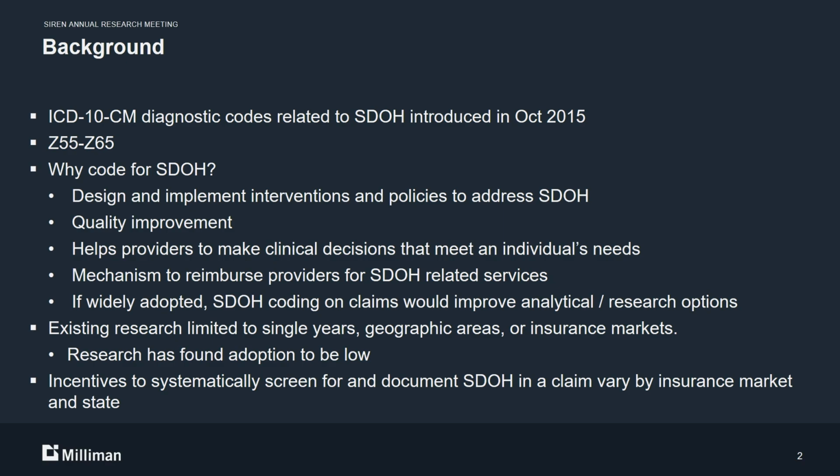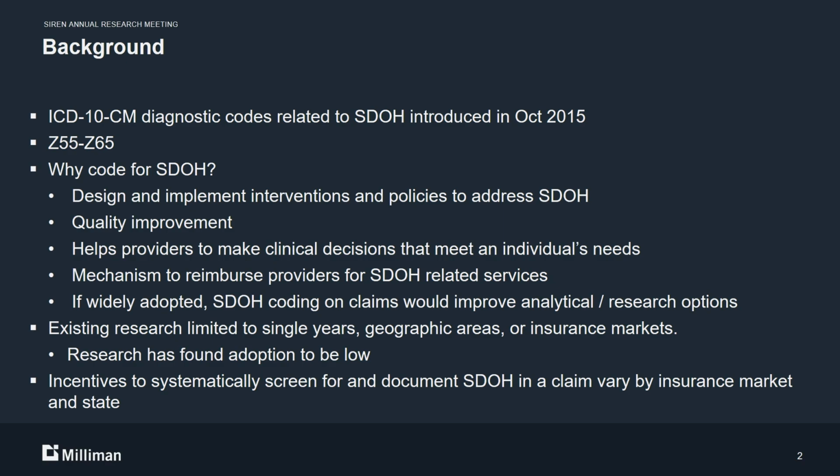Because we're talking about administrative claims, it's also widely intended to be a mechanism to reimburse providers for social determinants of health-related services. I will say that just broadly, I'm not seeing that actually be used as often for reimbursement. There are lots of other ways that payment is happening, but using it on a claim in this direct way is not widely adopted.